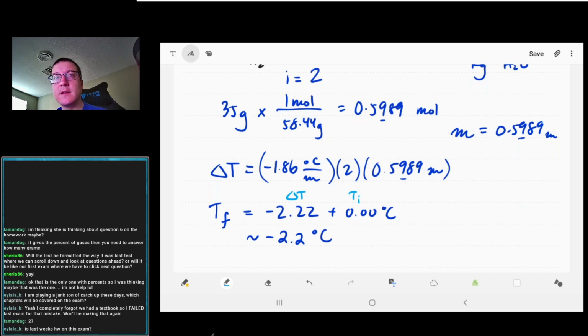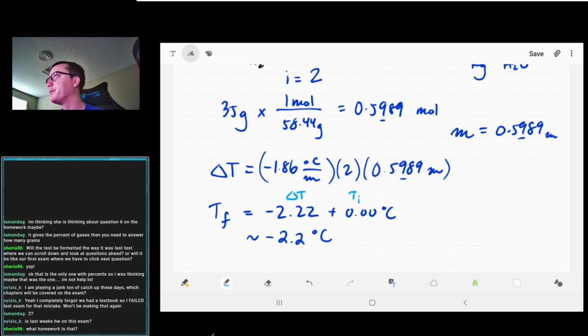What was last week's homework? Was that intermolecular forces? Yes, that one will be on the exam as well. Sherry, that's the solutions homework. I put it up yesterday evening. It's short though, so I wouldn't worry about that too much.